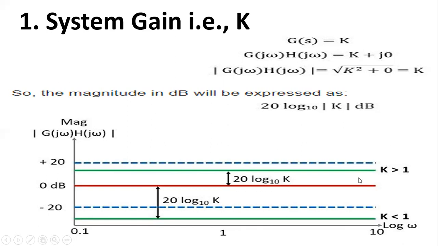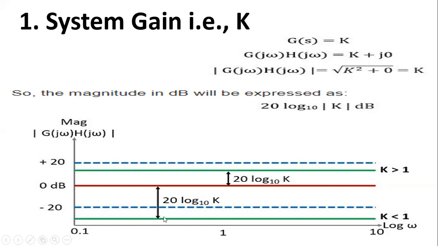This is the 0 decibel line. When K is greater than 1, the line will be above the 0 dB reference line at a distance of 20 log K. Similarly, when K is less than 1, the line will be present below the reference line at a distance of 20 log K, because 20 log K is negative when K is less than 1.